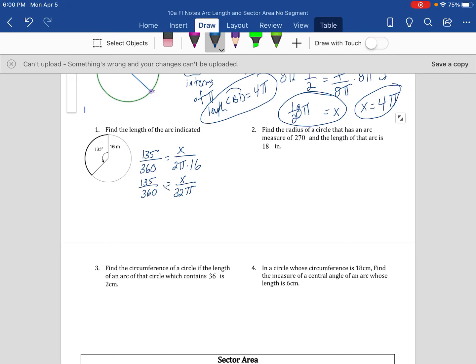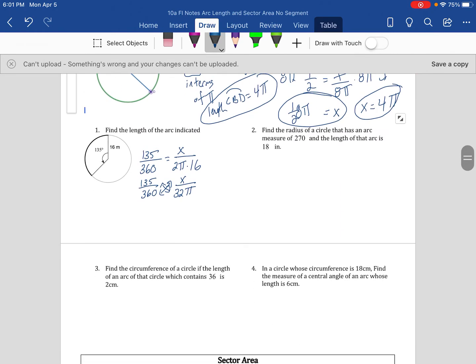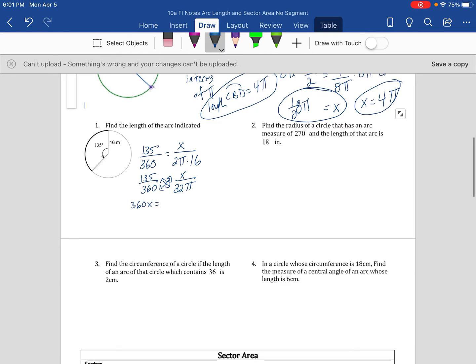We cross multiply. Okay, I end up with 360x equals 135 times 32 pi. 360x is equal to 4320 pi.